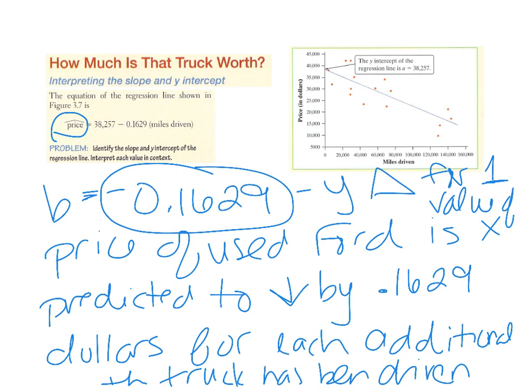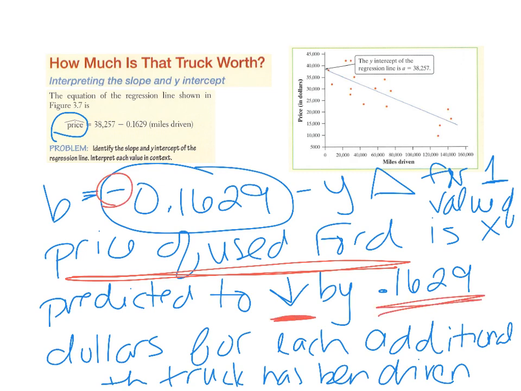You'll notice in our interpretation in context here, we've got the price of the used Ford, so that's my y, that's my context. The price of the used Ford is predicted to go down, because it's negative, by 0.1629, so that's my change in y. That's how much money I think the price will go down for each additional, not even really a mile.